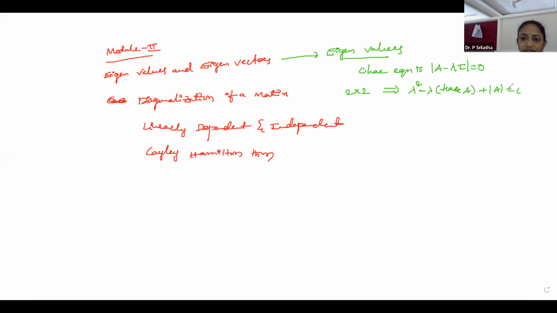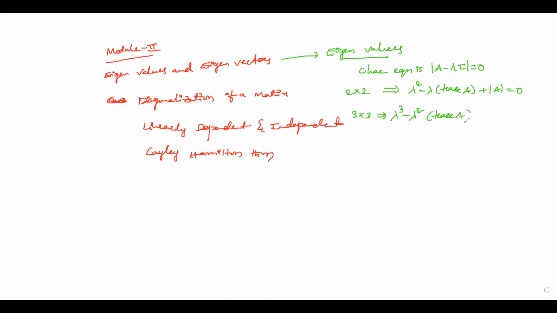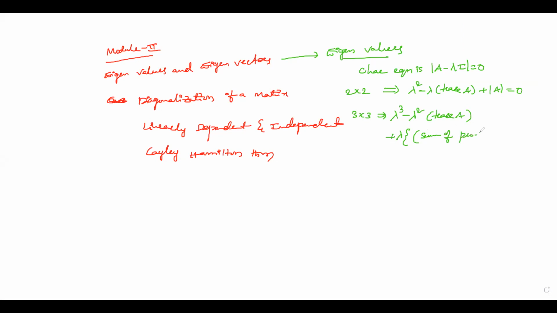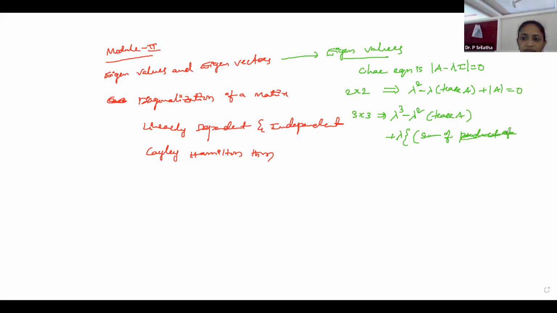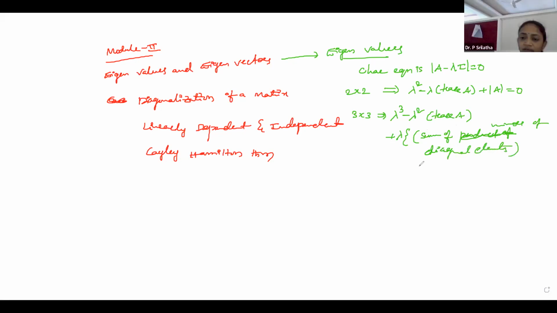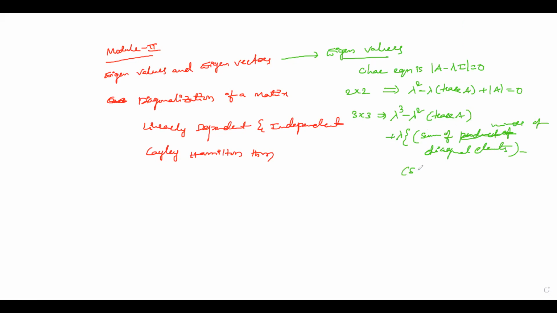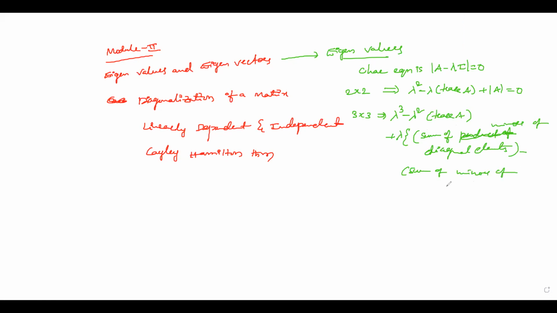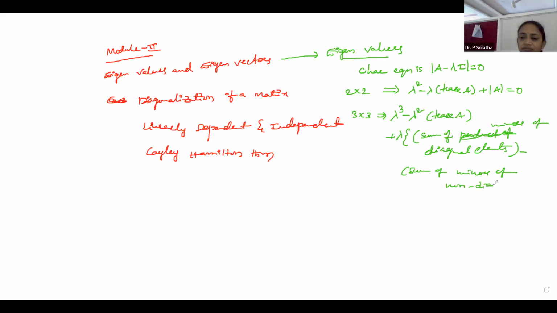If it is a 3 by 3 matrix, lambda cube minus lambda square into trace of A plus lambda into the sum of the minors of the diagonal elements, minus det A is equal to 0.